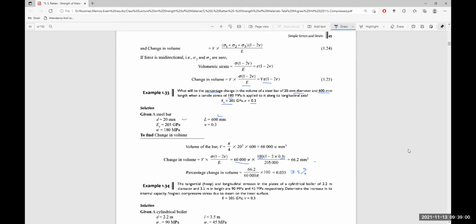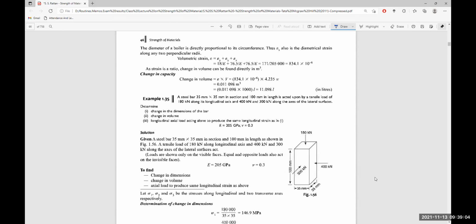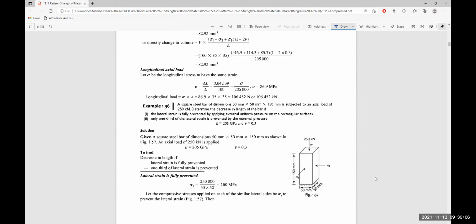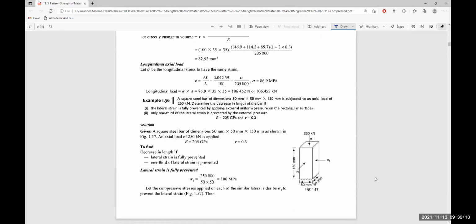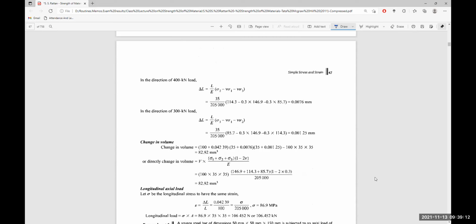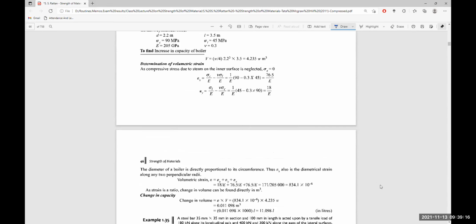Next, let us go to another problem that is new to us. Let us go through the problem one after another, so that it will be clear for you to understand the matter.